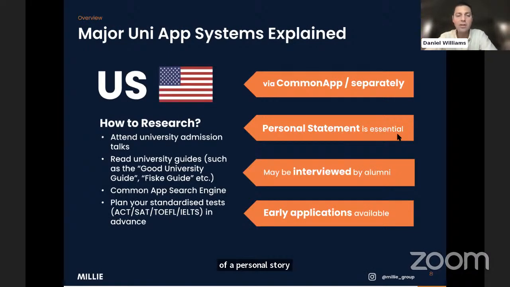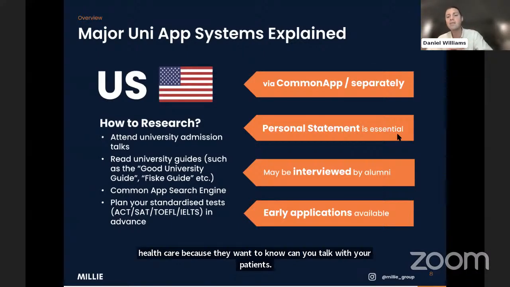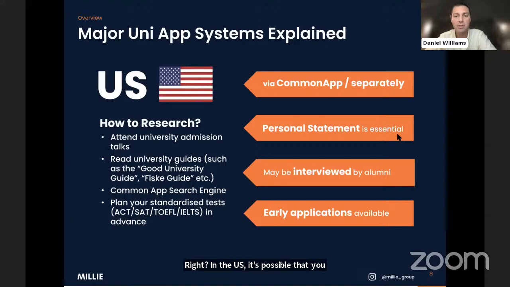In the UK, we saw no interviews except if you're applying for Oxbridge, and also if you're applying for healthcare, because they want to know, can you talk with your patients, right? In the US, it's possible that you can sign up for an interview. Some schools will require an interview, and some schools will give you the option to interview with alumni who have attended that school in the past.